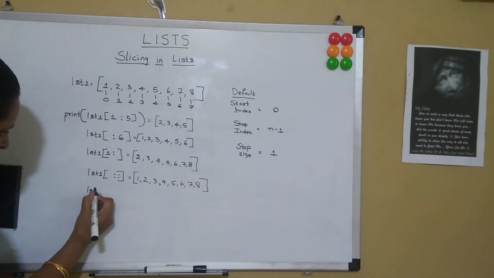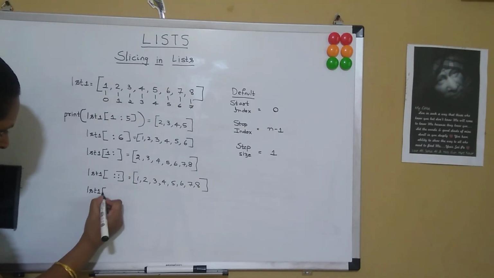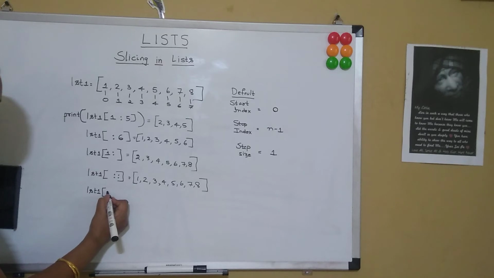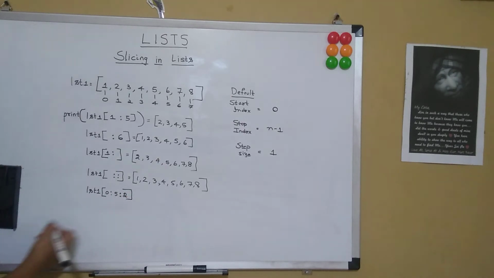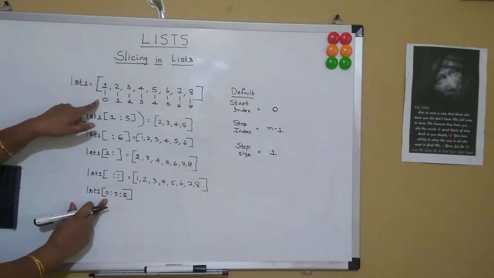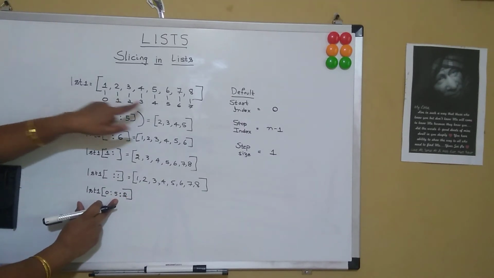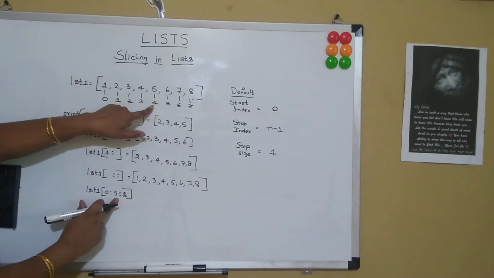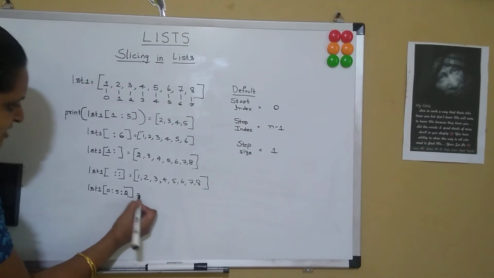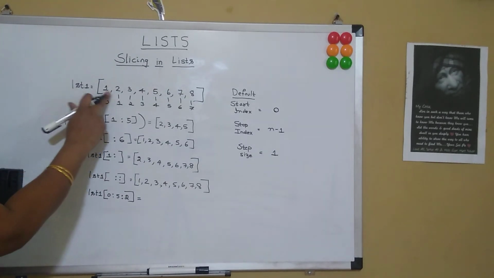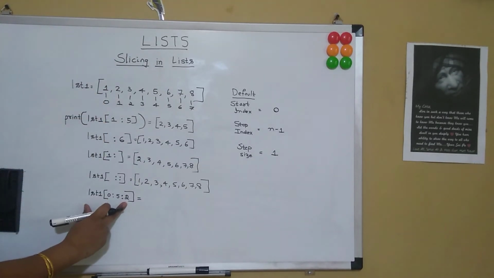Now if I say LST1, 0 till 5 and my step size is 2. So it will go from the 0th index to 5. It won't consider 5, it will go till 4. So from 0 to 4, it will take a step size of 2. That is, every intermediate element it will omit.